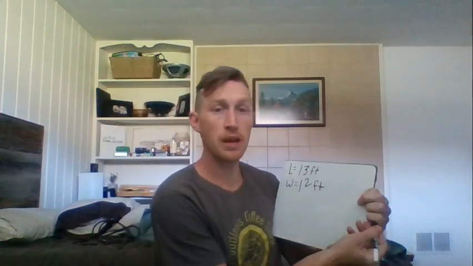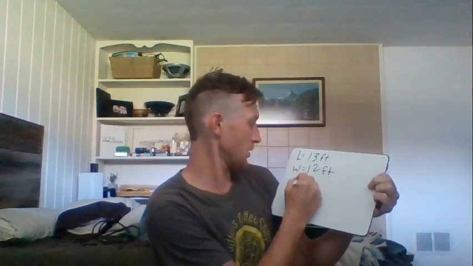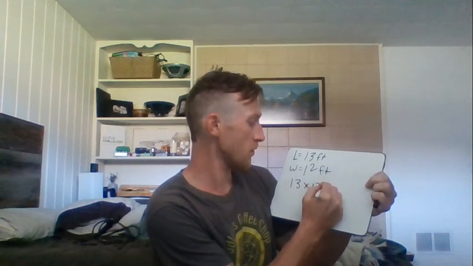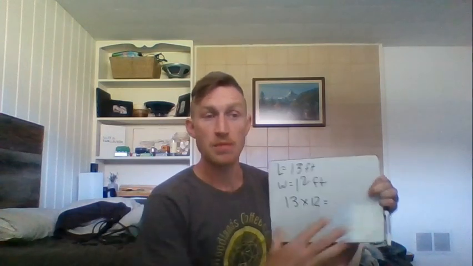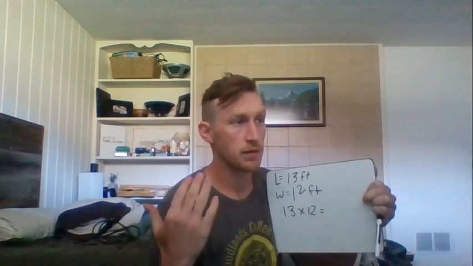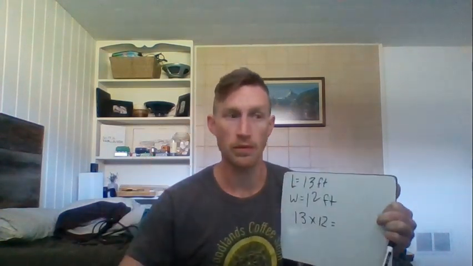Now I'm going to multiply those together. 13 times 12. And that's going to give me my base layer. If I had cubes that were 1 foot by 1 foot by 1 foot, that would be my base layer. 13 of them multiplied by 12 of them.